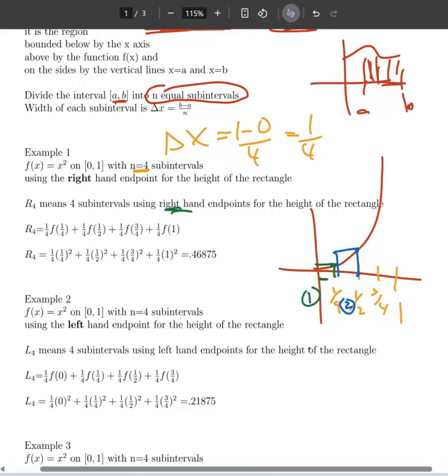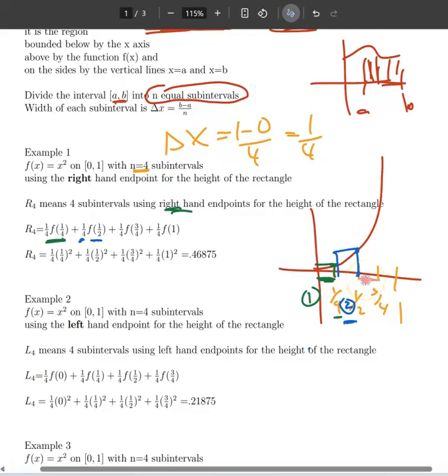So the area of rectangle 1, the green one, will be 1/4, that's the width, times the height, which is f of 1/4. Area of the blue one, again, width of 1/4, and then the height will be f of 1/2, that height right there. Let's move on to the third rectangle.